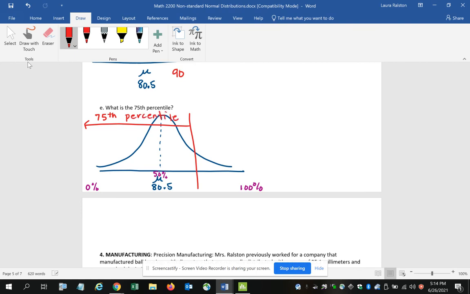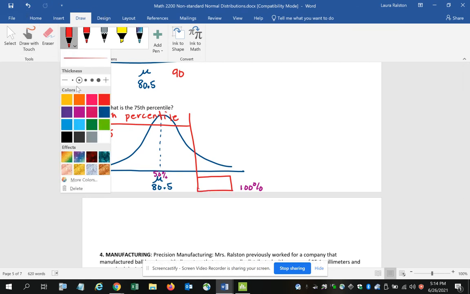Now 75% as a decimal is 0.75, and I want to know what that X value would be. So in this scenario, you're given the percentage to start with.